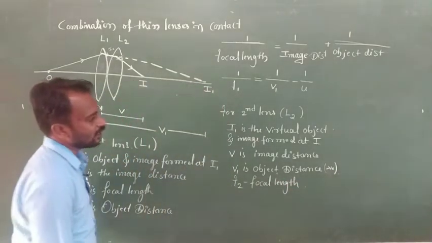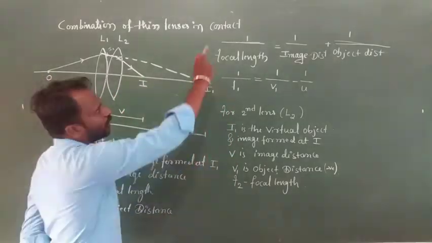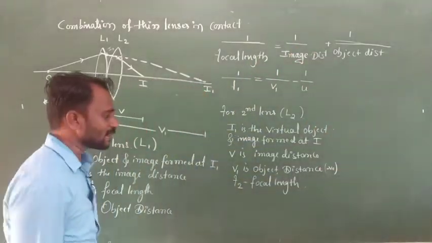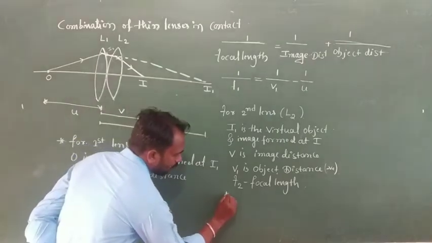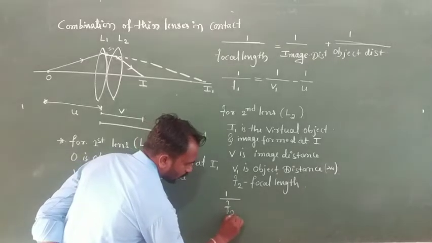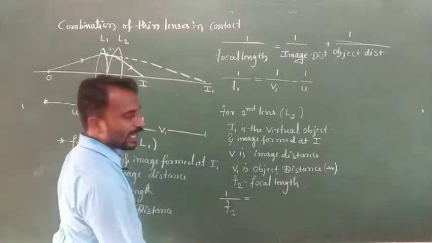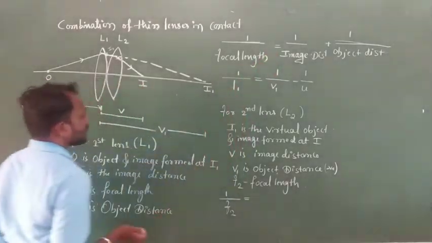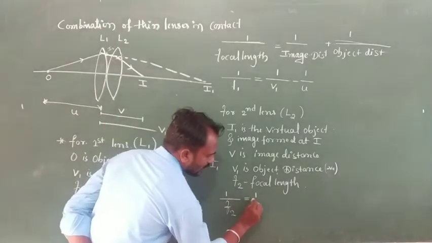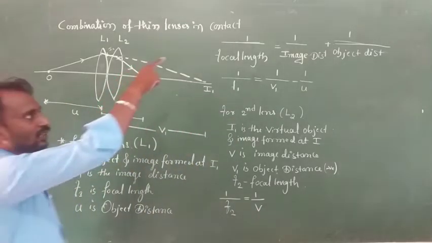Now the general lens formula: 1 by focal length equals 1 by image distance plus 1 by object distance. So 1 by f2 equals 1 by v, where v is the image distance for the second lens, plus 1 by object distance.